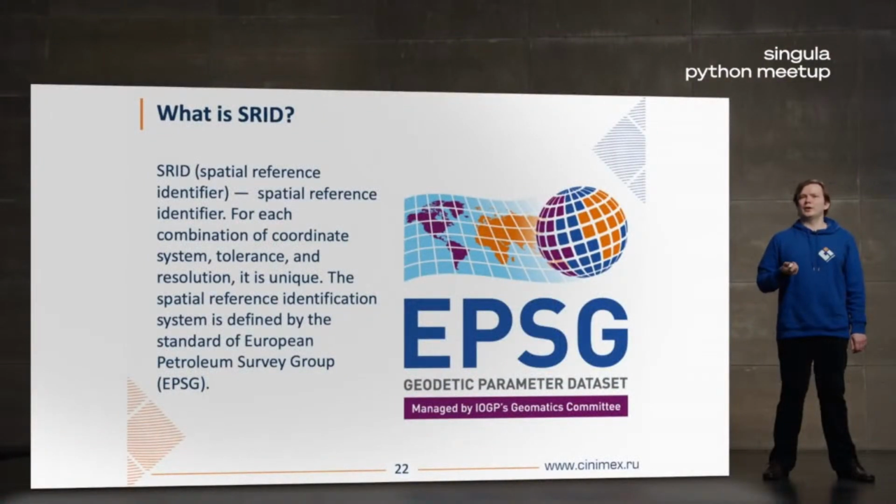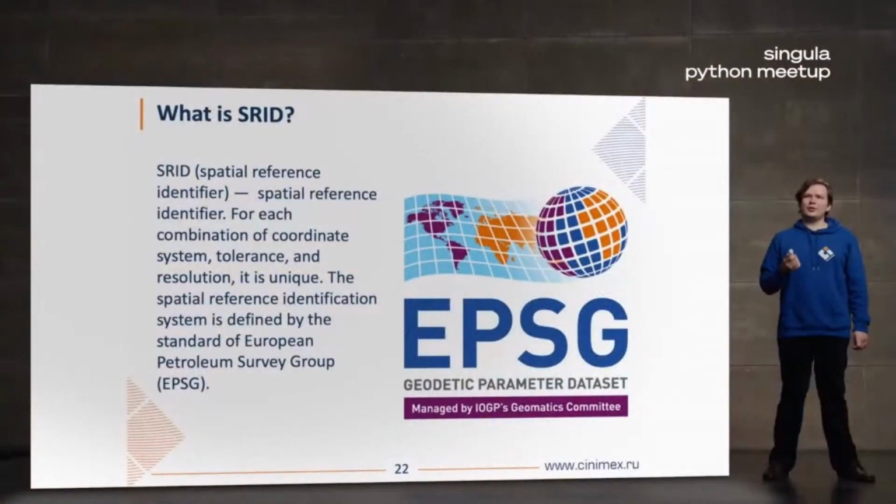So also you have to know that every projection and measurement system has its own spatial reference identifier. Spatial reference identifiers are developed by the European Petroleum Survey Group, and if you want to analyze different types of geospatial data, you have to find out which SRID is used in order to make specific projection or deprojection operations.